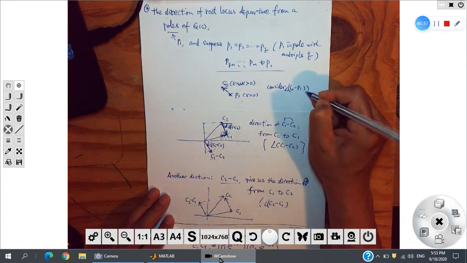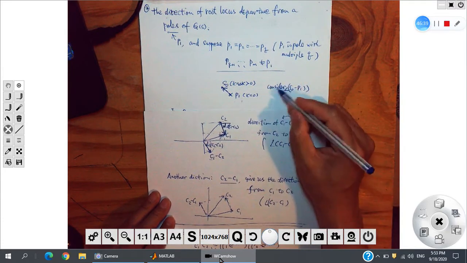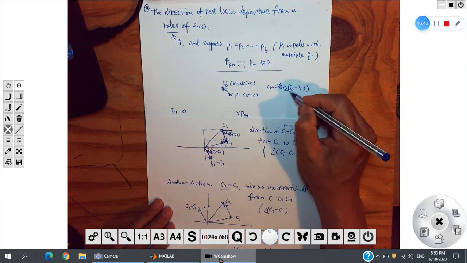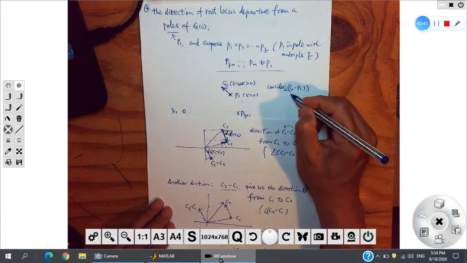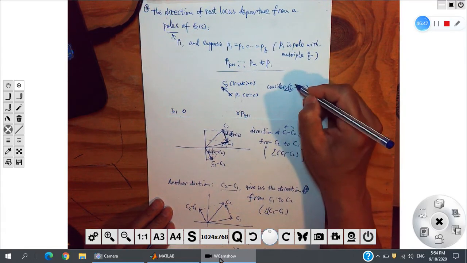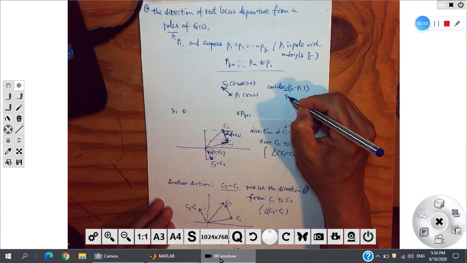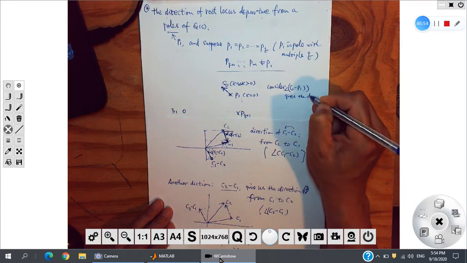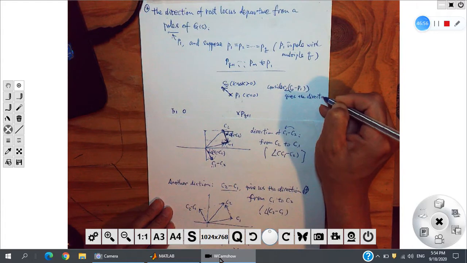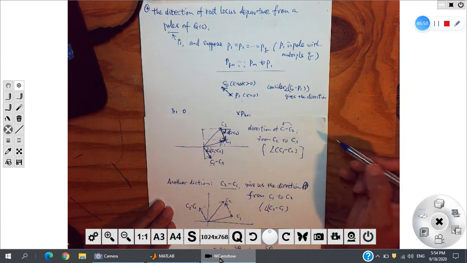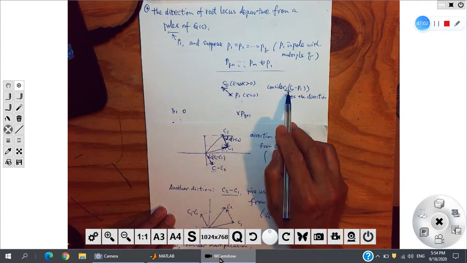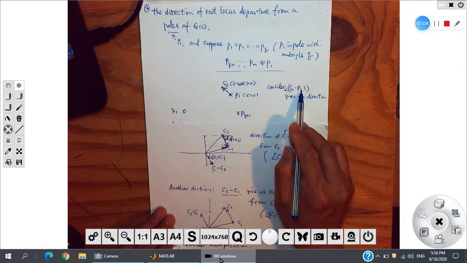This one gives us the direction. So the direction from P1 to S0 is just the angle of S0 minus P1.